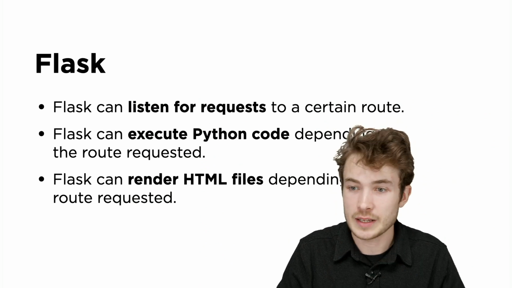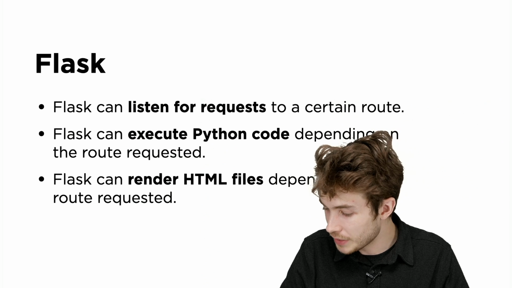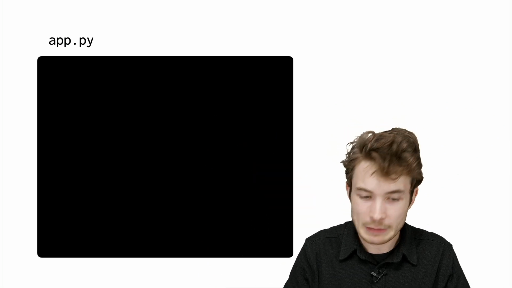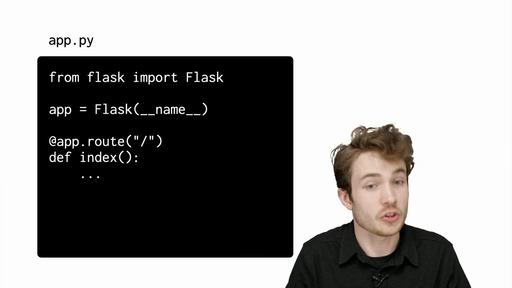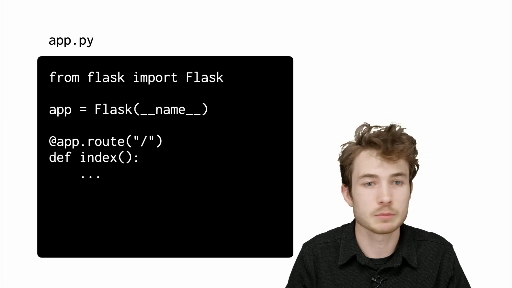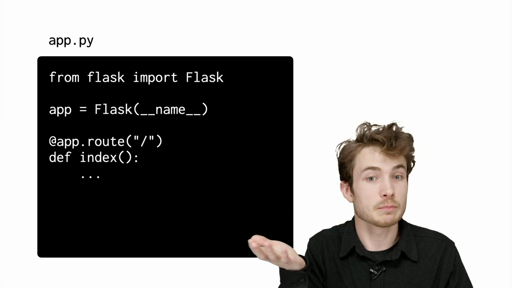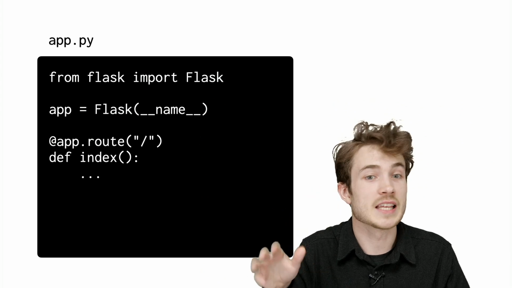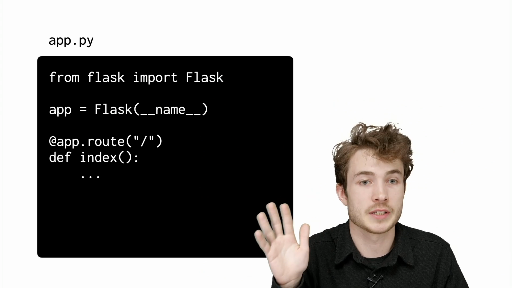So as we saw in lecture, one of the most basic applications we can build in Flask looks a bit like this. So we have app.py, and we then might add in some starter code, some boilerplate template code like this. And this is simply just how the developers of Flask decided we would indicate that this is a Flask application.